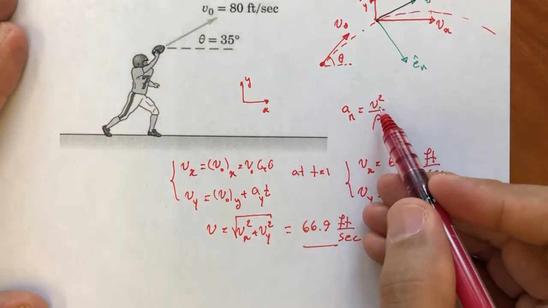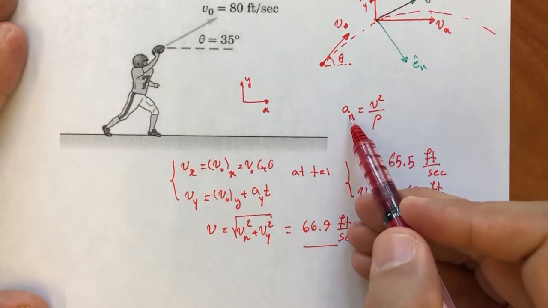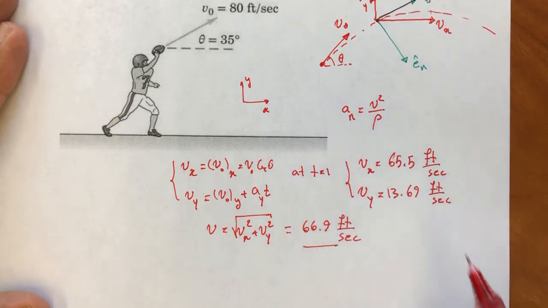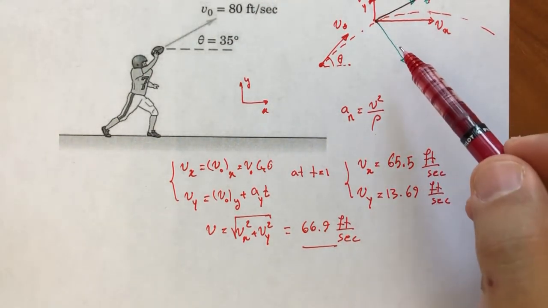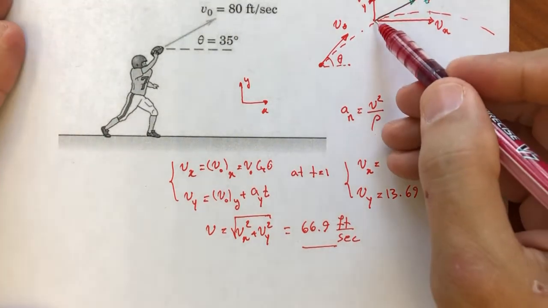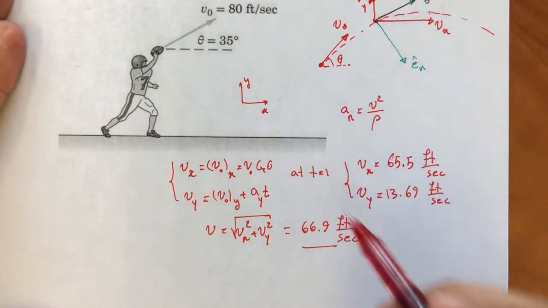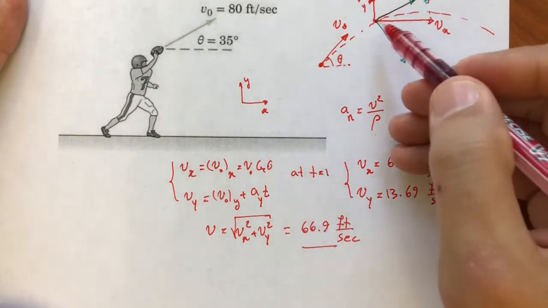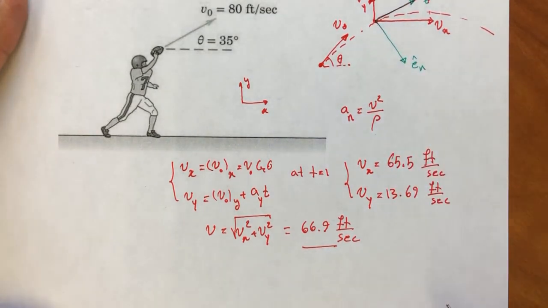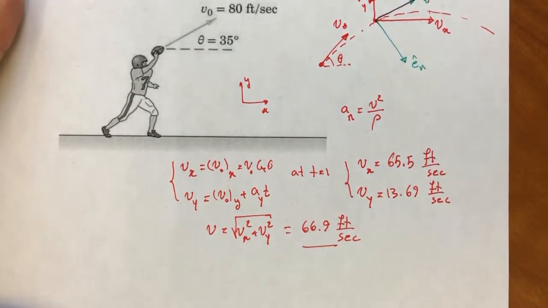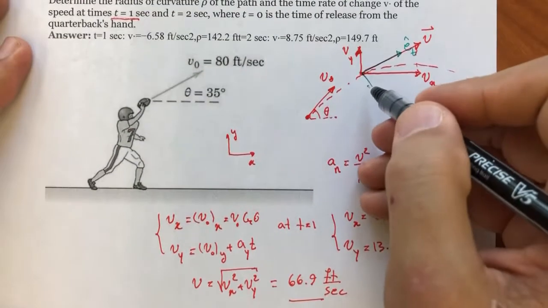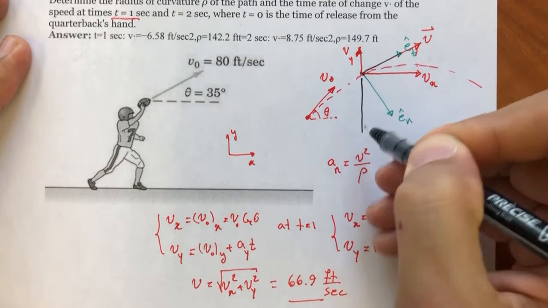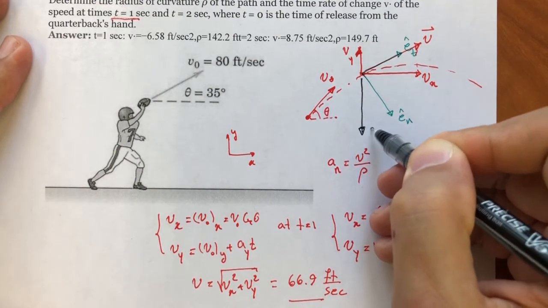I got the total velocity, and if I find acceleration in the normal direction, then I'm going to be able to find rho. But what is the acceleration in the normal direction? Because the particle is moving freely in the air, the only acceleration we have is the gravitational acceleration. So the total acceleration of the particle is going to be g, downward.